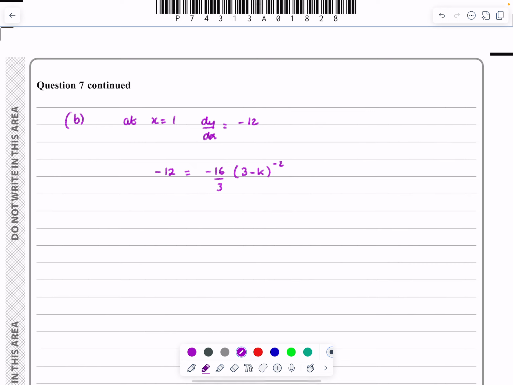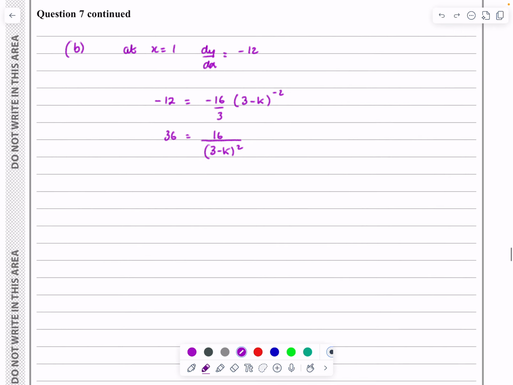So if I'm trying to solve that, we'll get rid of the minuses first of all, and then I'm going to take the 3 to the other side. I'm going to say 36 is equal to 16, but then also this 3 minus k is written down like that. All I've done there is multiply that by that one and get rid of the negatives at the moment.